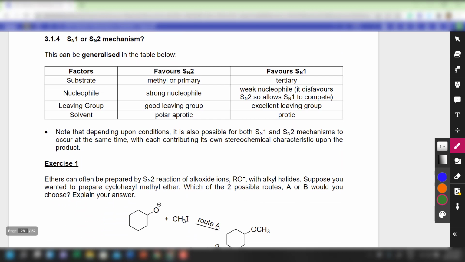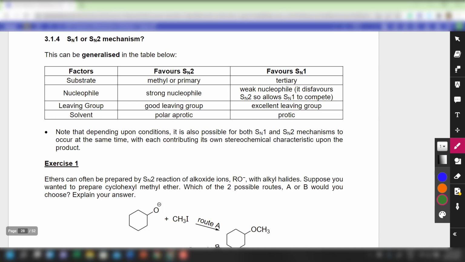Most importantly, the usual question for beginning students is: how do we know whether the reaction should be SN1 or SN2? The true answer is we really don't know. We need to have the kinetics data, and beyond the kinetics data, we also need to use some of our prior knowledge from our studies, and from there we can make an intelligent guess whether it is SN1 or SN2.